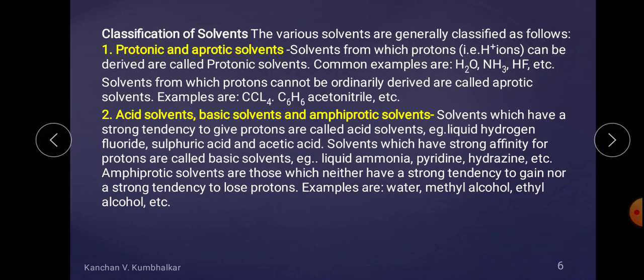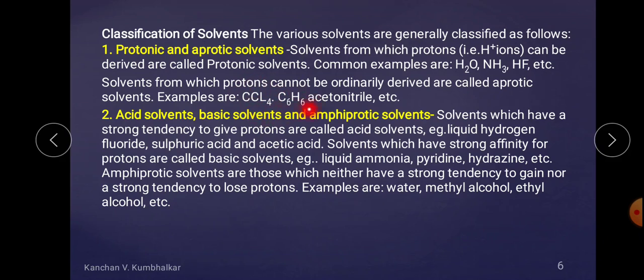The second one is the aprotic solvent. A solvent in which no H+ ion, that is proton, exists is known as an aprotic solvent. For example, CCl4 (carbon tetrachloride), benzene and acetonitrile. In CCl4 there is no hydrogen.